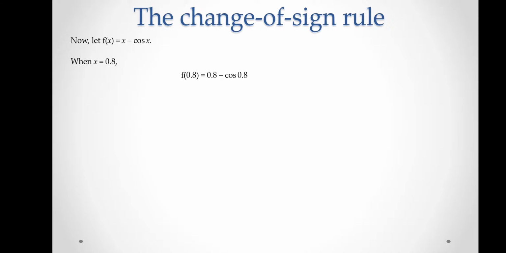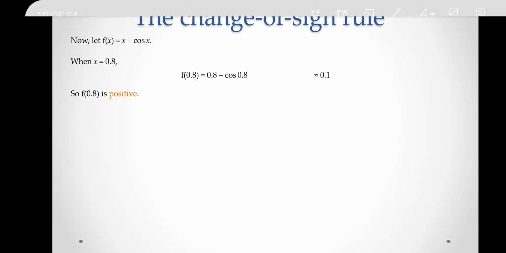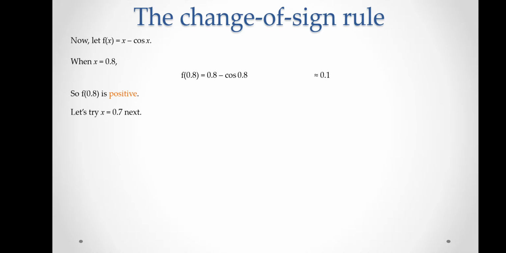When x equals 0.8, the value is approximately 0.1. That means it is positive. When x equals 0.7, the value is approximately minus 0.06.